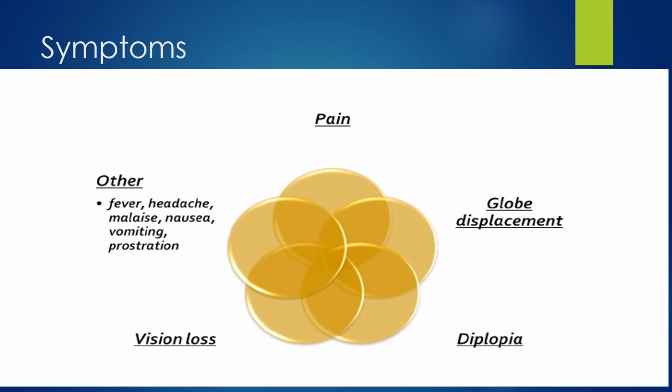The patient presents with pain, proptosis, diplopia, loss of vision, and general symptoms like fever, headache, malaise, nausea, vomiting, and prostration.